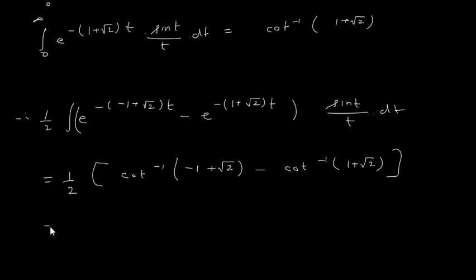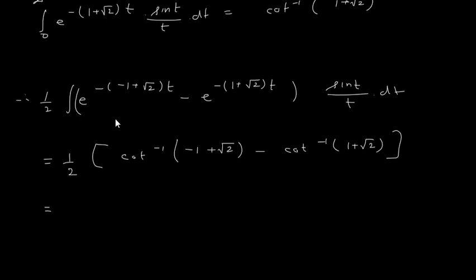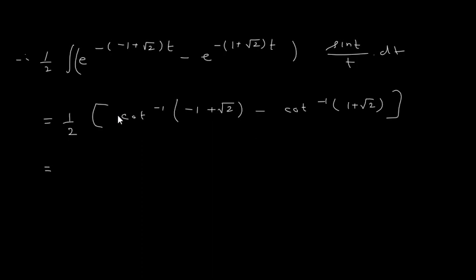As we know the formula of tan inverse A minus tan inverse B, I will convert this cot inverse into tan. See how we can do it. We will add and subtract pi by 2.